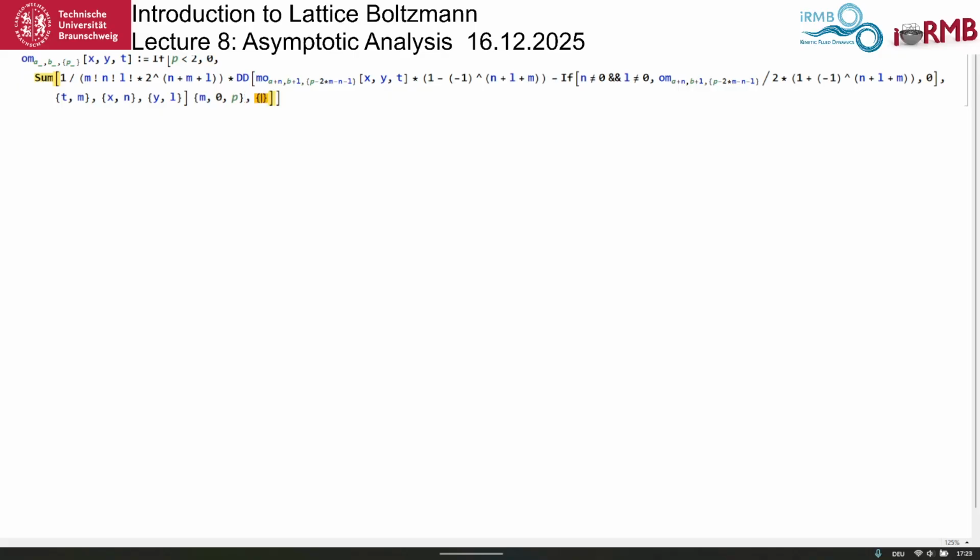In Mathematica, we can sum over different dimensions, the same as with the derivatives. So it's n from 0 to p, and we also have L from 0 to p. Okay.